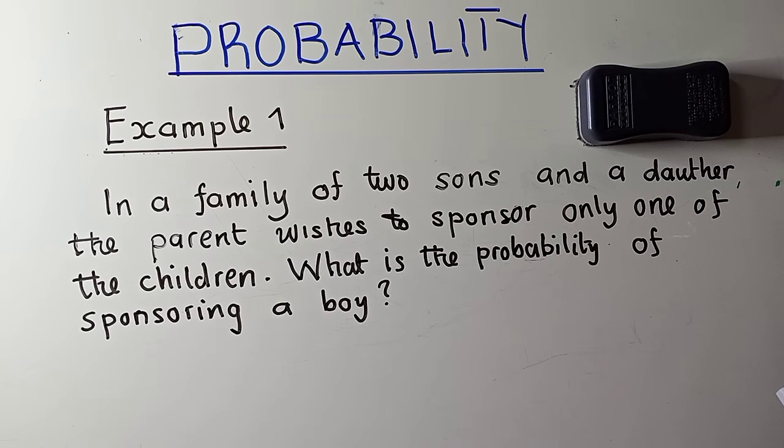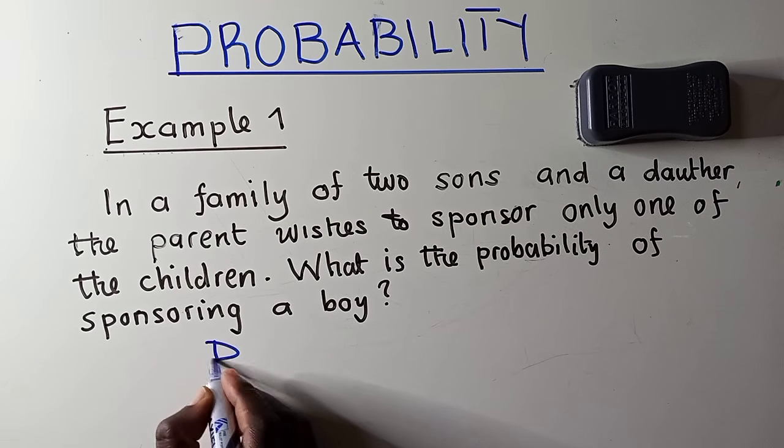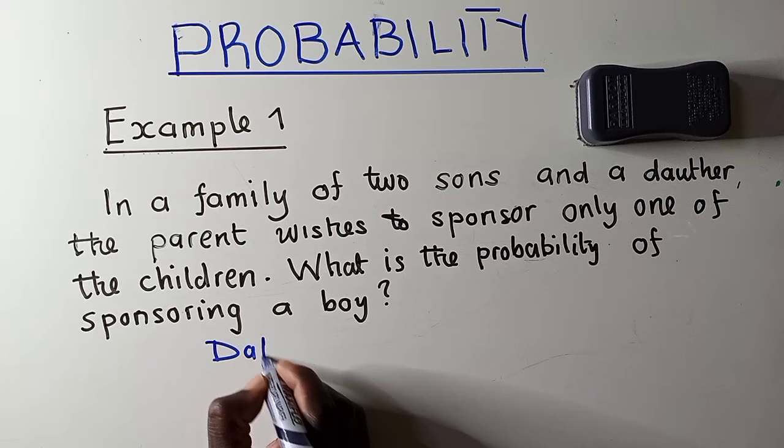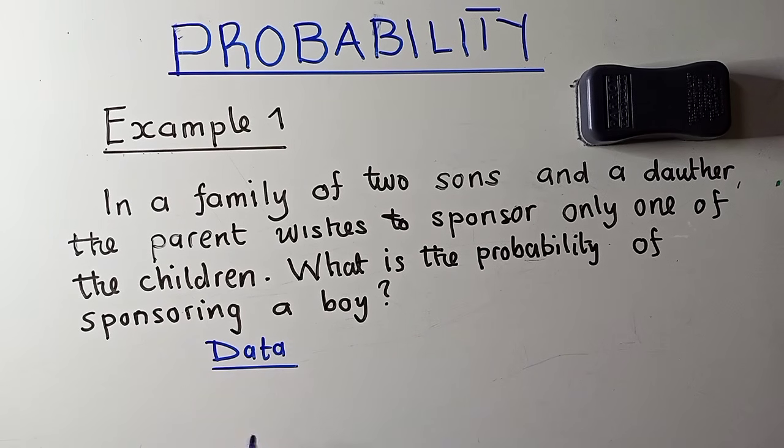In a family of 2 sons and a daughter, the parent wishes to sponsor only one of the children. What is the probability of sponsoring a boy? So how do we answer this one? We first need to collect data. So this is the data we are collecting right here. How many girls are there?